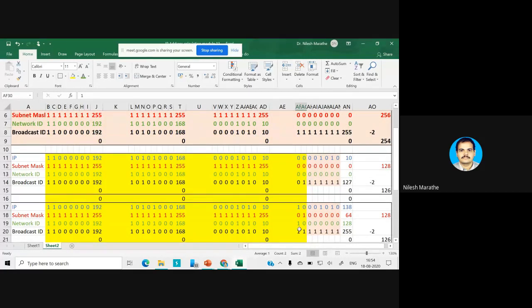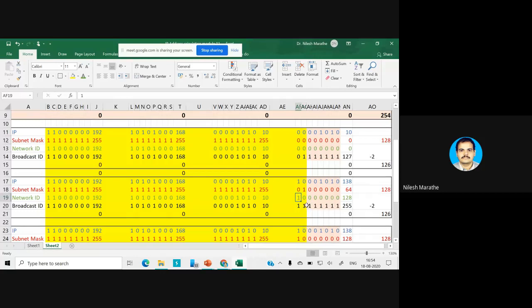I have written this. Okay, let's do it. These are the portions of... दो बिट लिए ना, सबनेट। So I sorry, I will just do some modification.